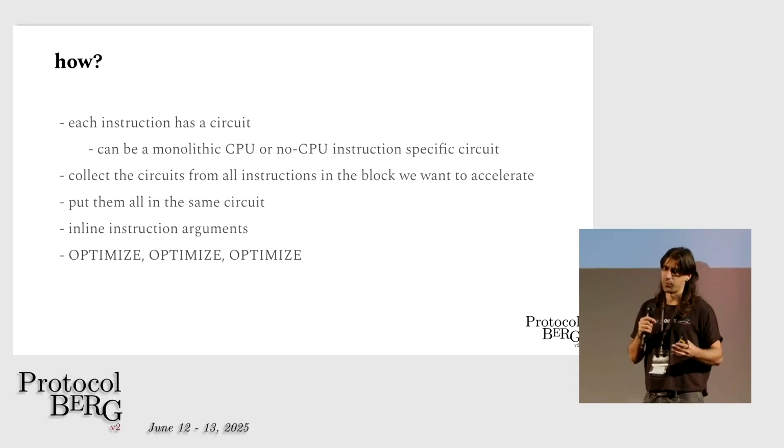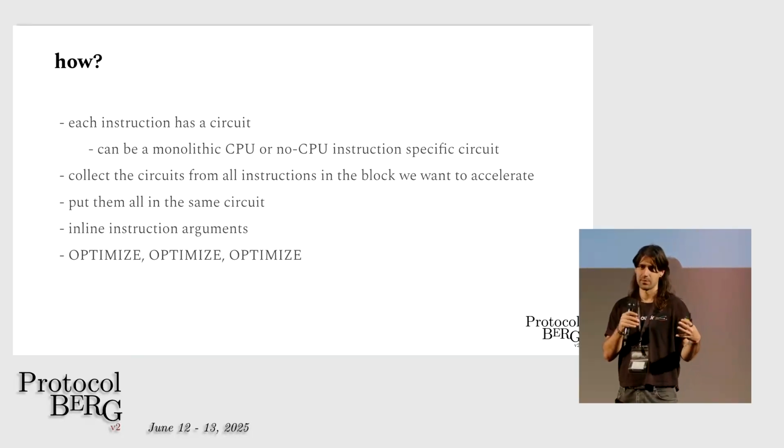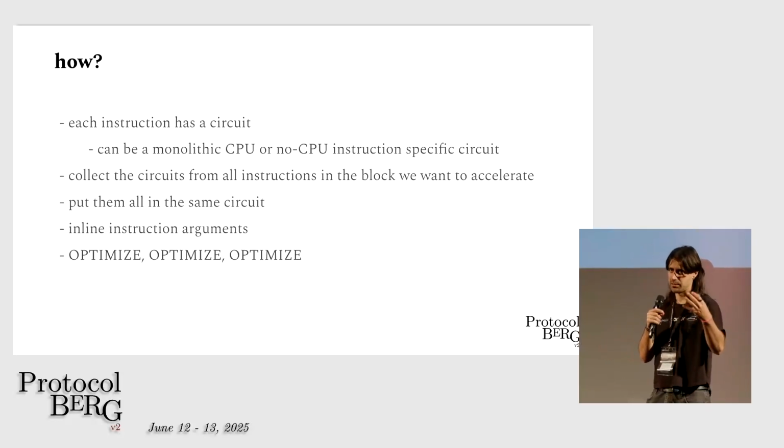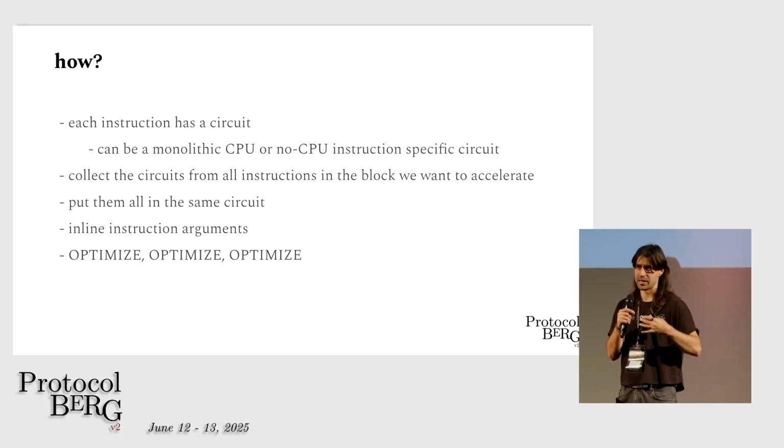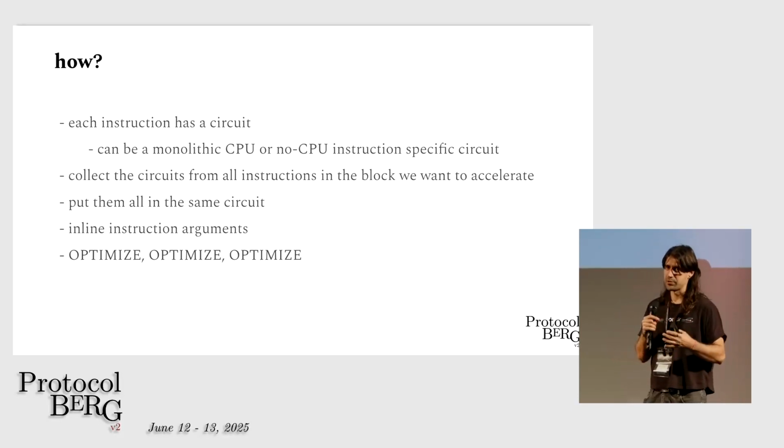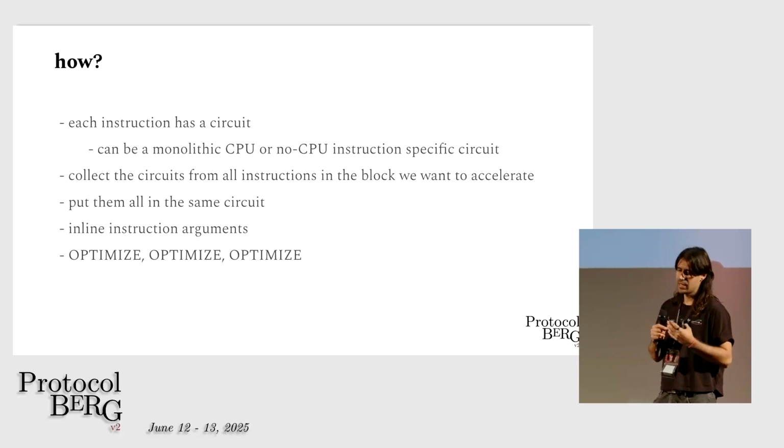But now, because you know that all these instructions are in the same circuit, they don't necessarily have to hold the same invariants with respect to memory and communication outside the block. Some of them only communicate inside the basic block itself, so you can actually inline the instruction arguments and start optimizing the whole thing.